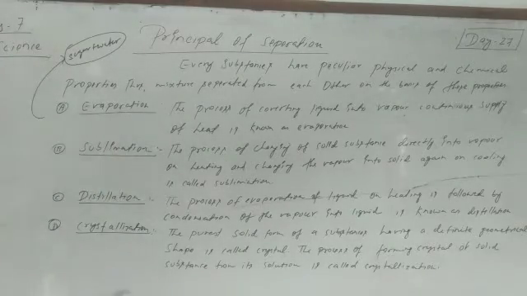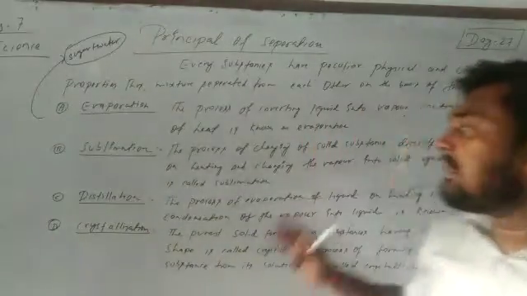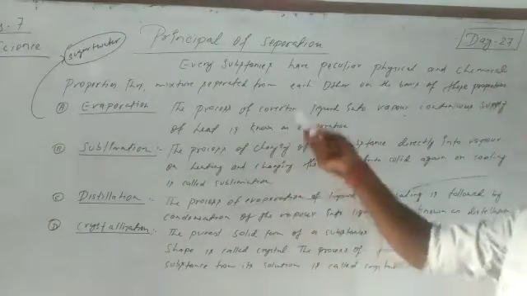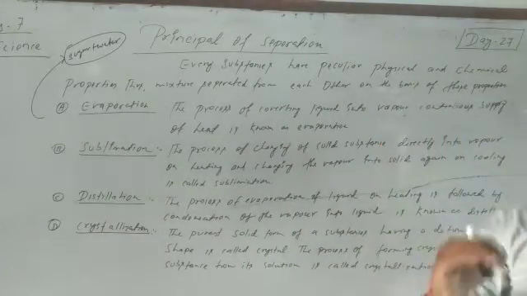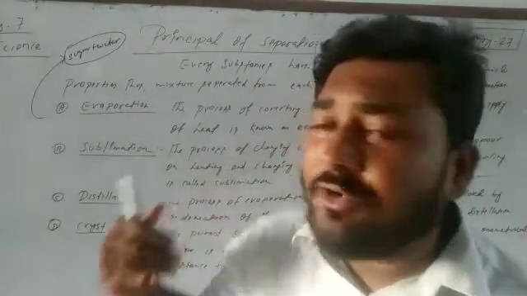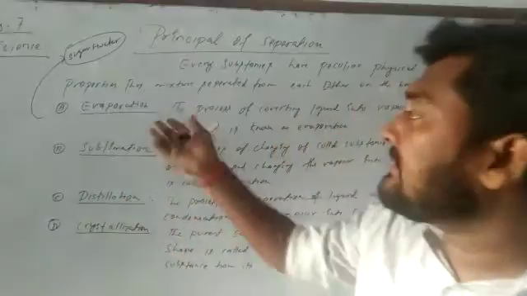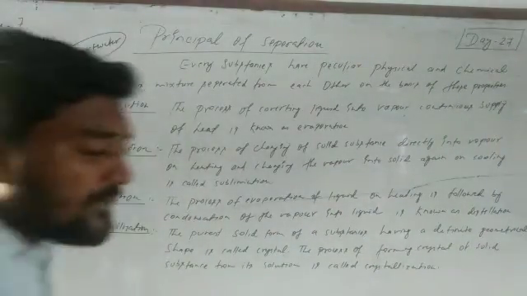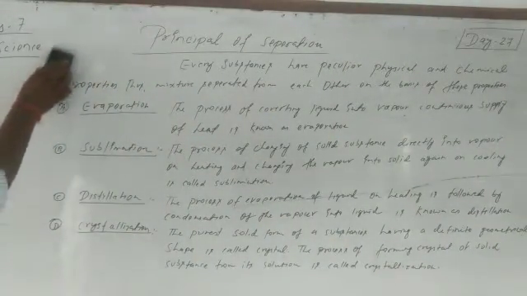So the process of converting liquid into vapor by continuous supply of heat is called evaporation. Any confusion, student? Evaporation means changing liquid into vapor by giving continuous heat.